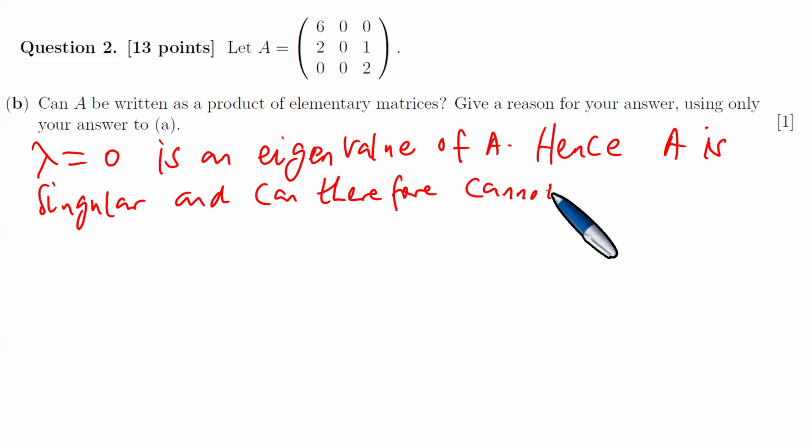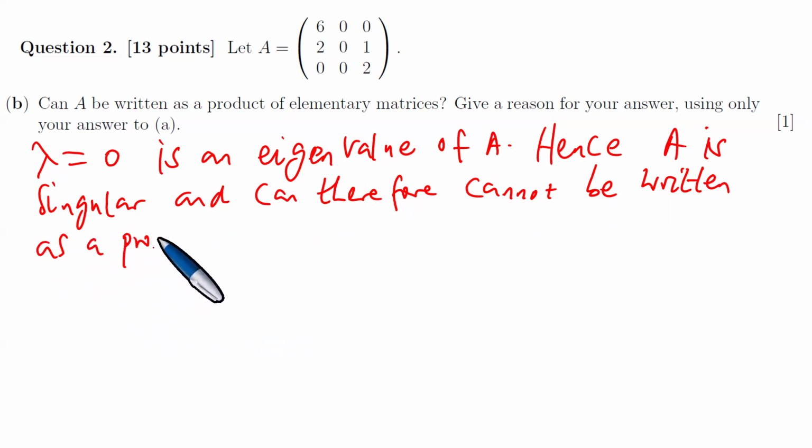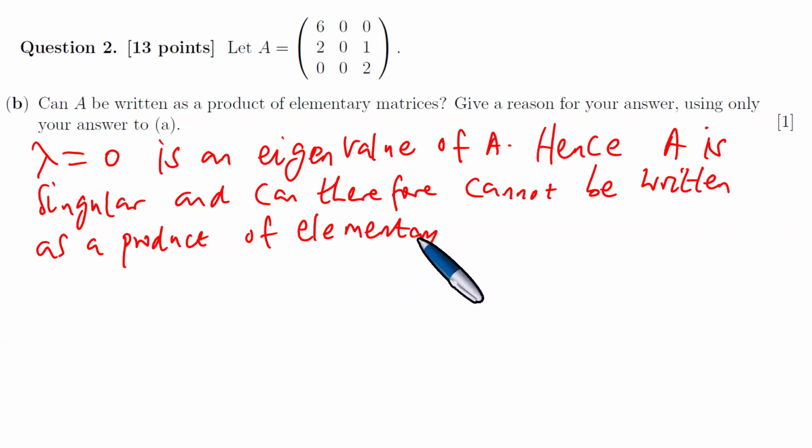So lambda equals 0 is an eigenvalue of A, hence A is singular and therefore cannot be written as a product of elementary matrices. Obviously, the question was to use only your answer to A, so we have to use the idea of eigenvalues.